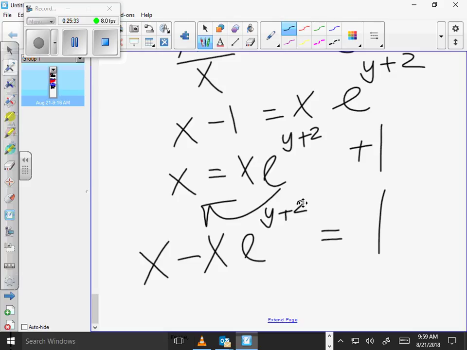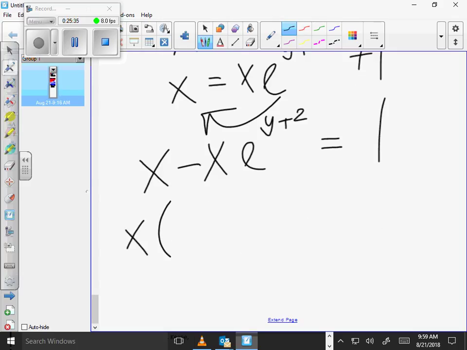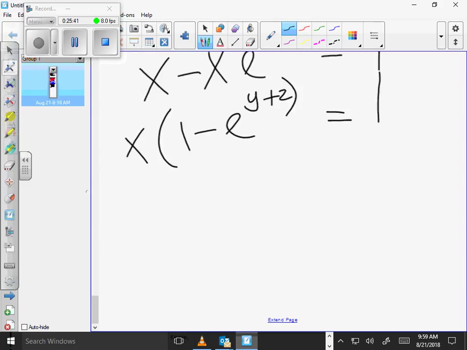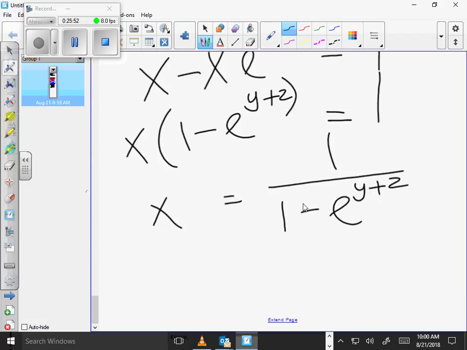So I could factor an x out. 1 minus e to the y plus 2. And then that final step that people forget to do, yes? So x equals 1 over 1 minus e to the y plus 2, which looks distinctly logistic to me. Okay, any questions about this process? It's just algebra, doesn't bite.